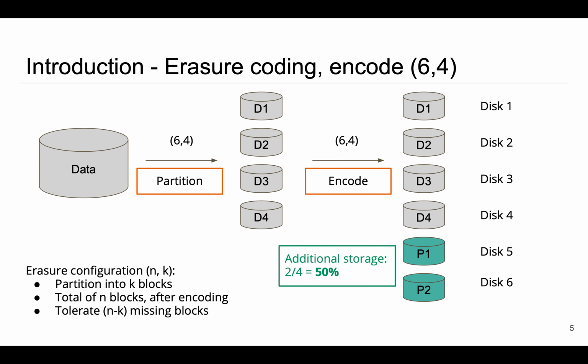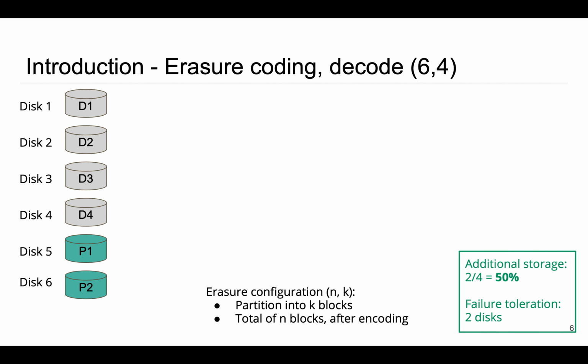So the additional storage needed is only 50% of the original data size. To decode data, one can choose any 4 out of these 6 blocks to reconstruct the original data. Therefore, at most 2 missing blocks are allowed.